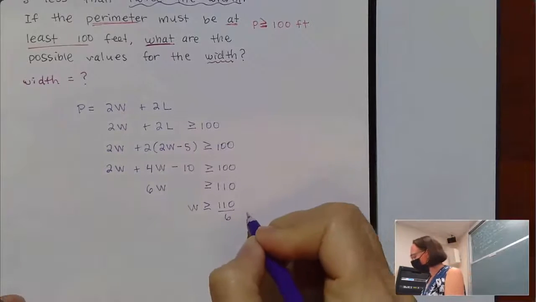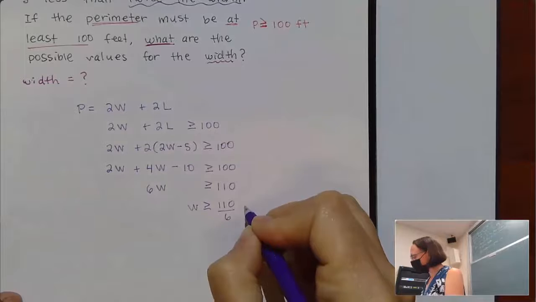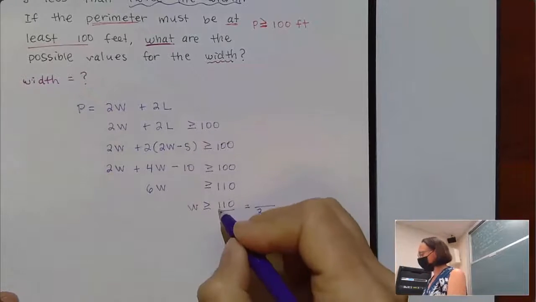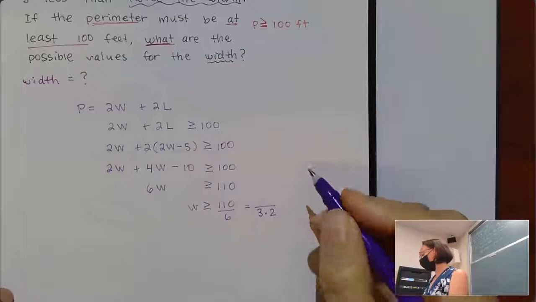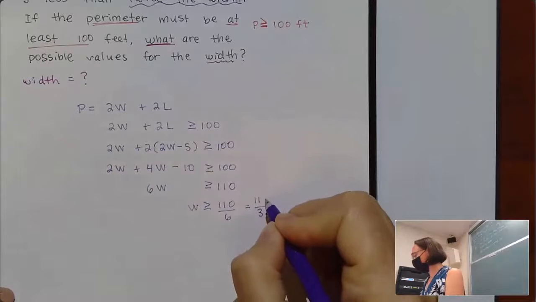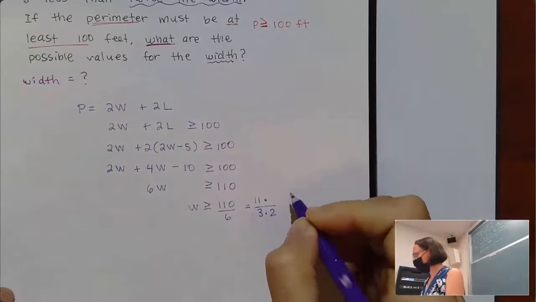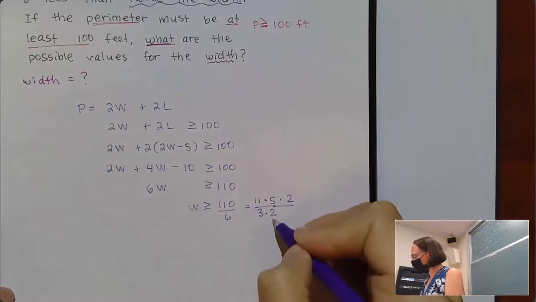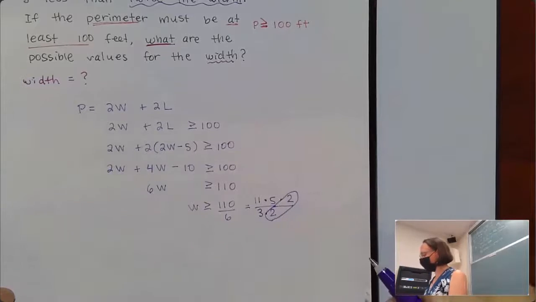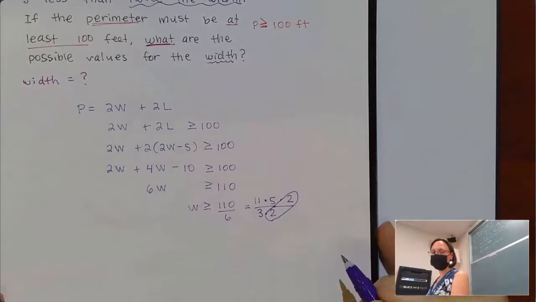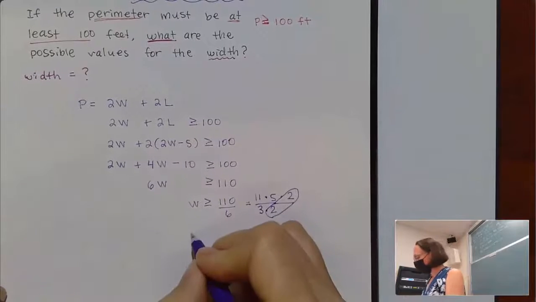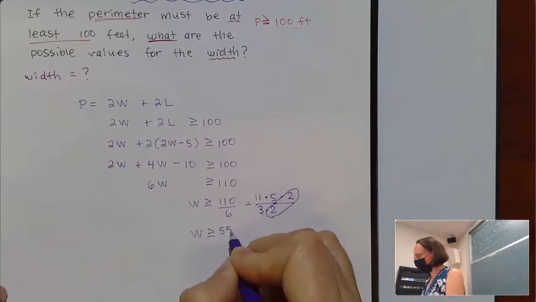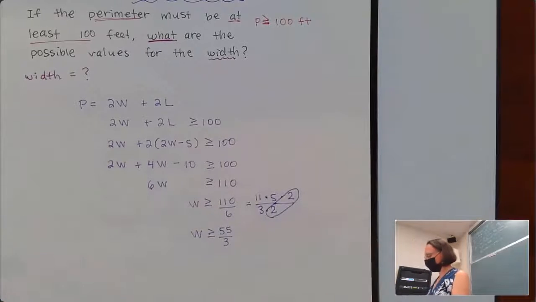For sure, we can rewrite the 6 as 3 times 2, and that 110 as 11 times 10, or 11 times 5 times 2. So that my 2 over 2 becomes a 1, and w is greater than or equal to 55 over 3.